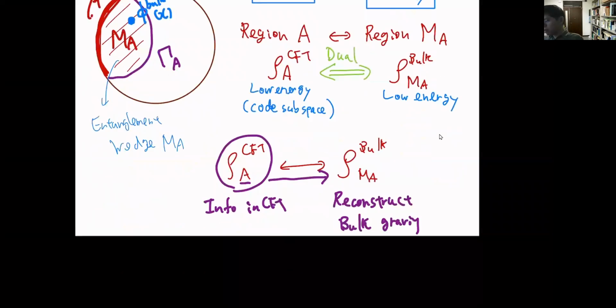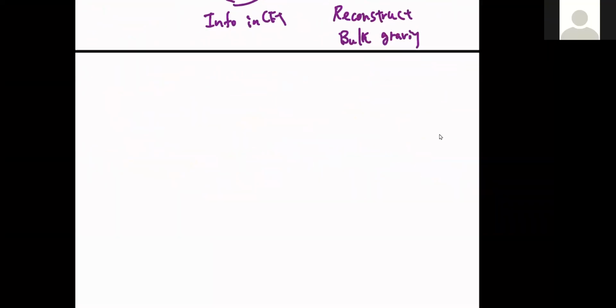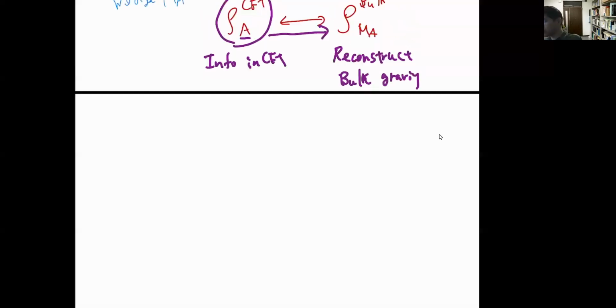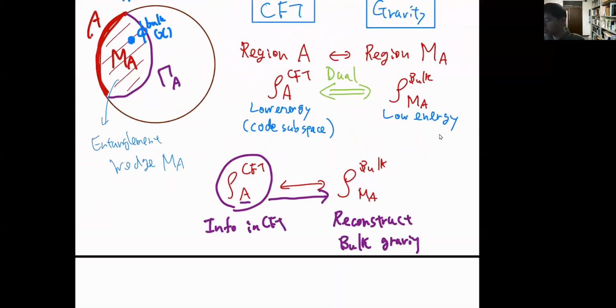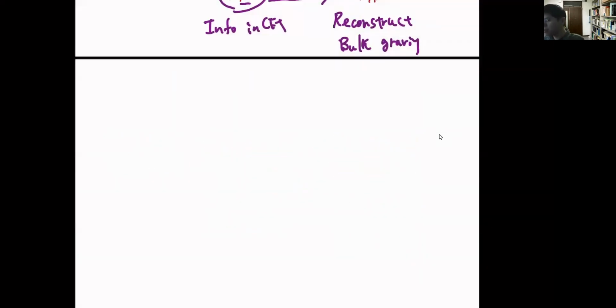One more comment: more precisely, the entanglement wedge is defined the following way. It's a bit confusing, because it doesn't look like a wedge. It looks like just some region. It's not clear why the entanglement wedge is a wedge. So here is the right picture.